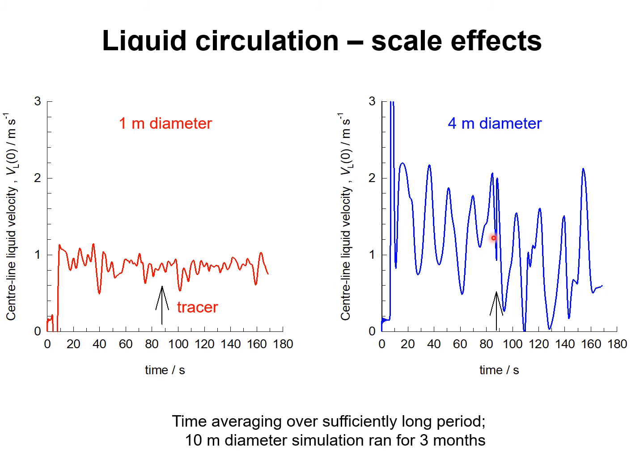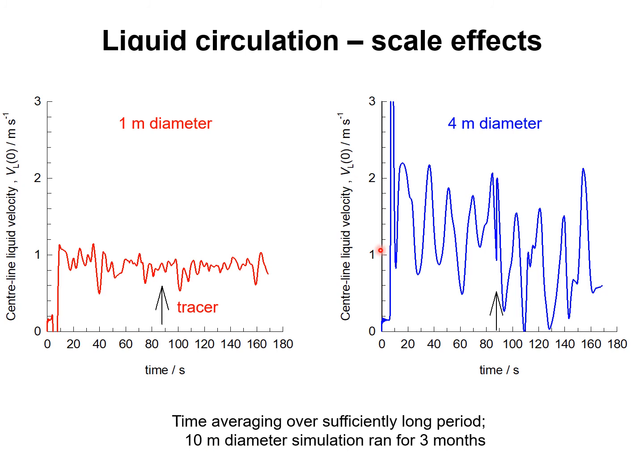The corresponding results for a 4 meter diameter column show that the centerline liquid velocity fluctuates wildly, and on average it is about 1.5 meters per second larger than that for a 1 meter diameter column.